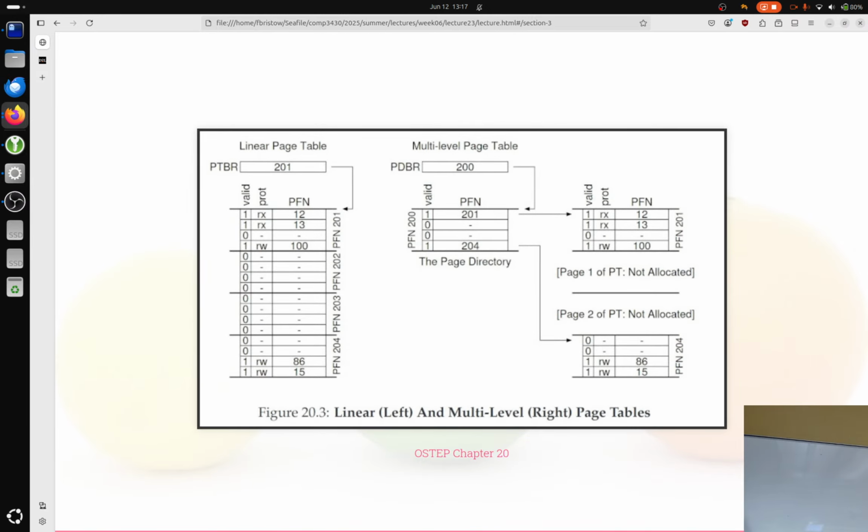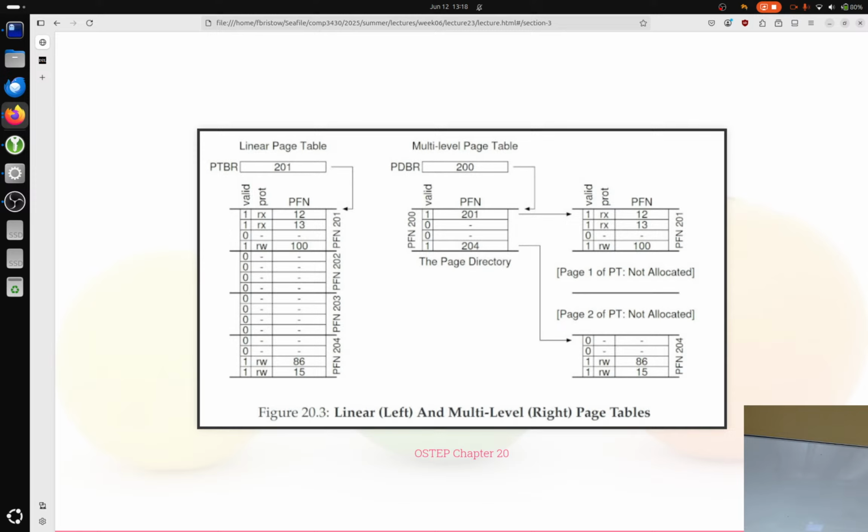A page directory is effectively doing the same thing. Effectively, what we're saying here is we're going to take this linear page table that we've got. So this is what we had right now with paging. I'm going to break that up into smaller pieces. I'm going to add indirection to this.